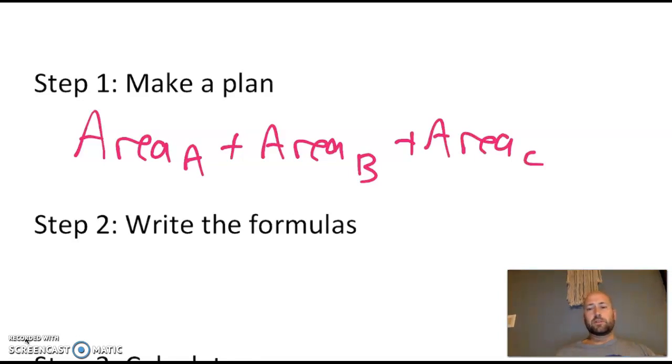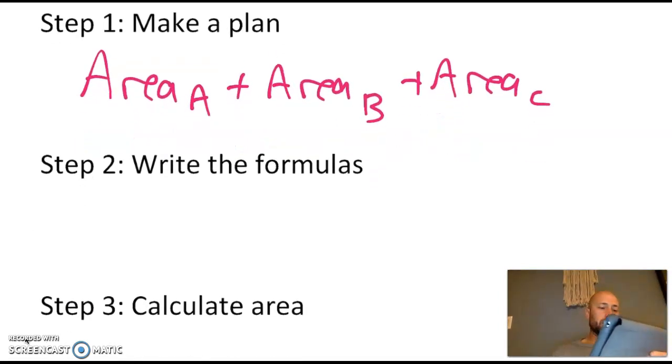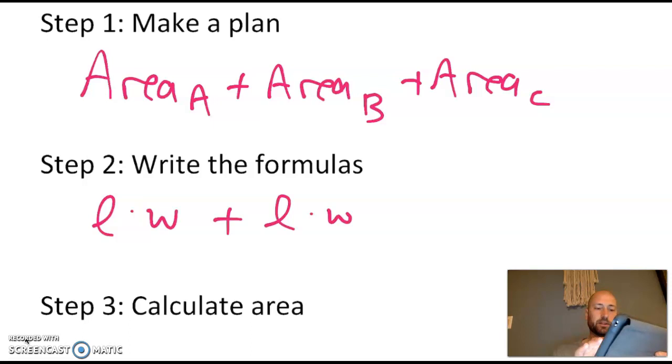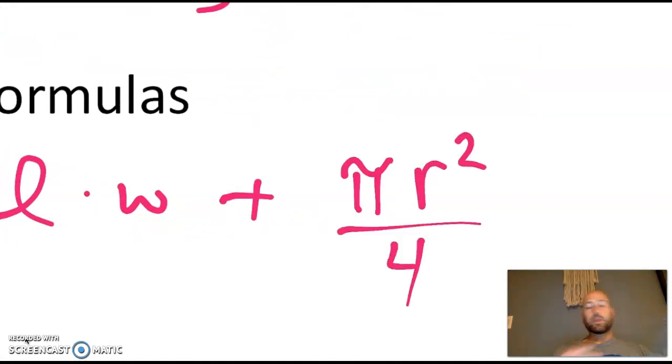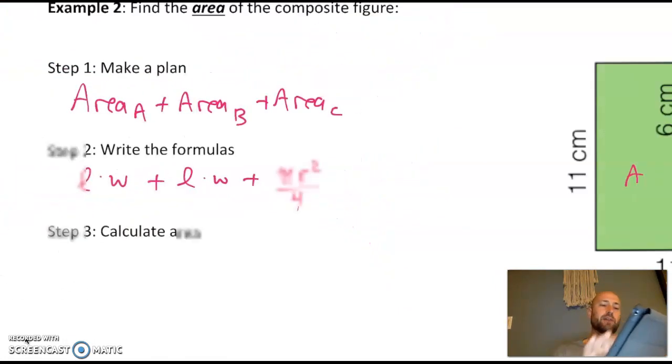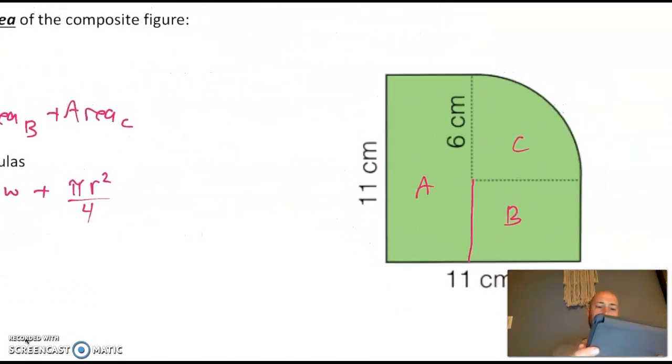All right, that's okay. Now I'm going to write the formulas. A is a rectangle, so I'm going to do length times width. B is also a little rectangle, length times width. C is a quarter circle, so that's the area formula for a circle, pi r squared. Since it's only a quarter, I divide that by 4. Okay, going back to my shape to say, do I have length and width of all these things?